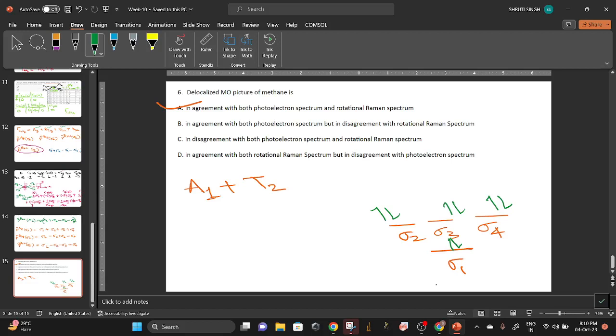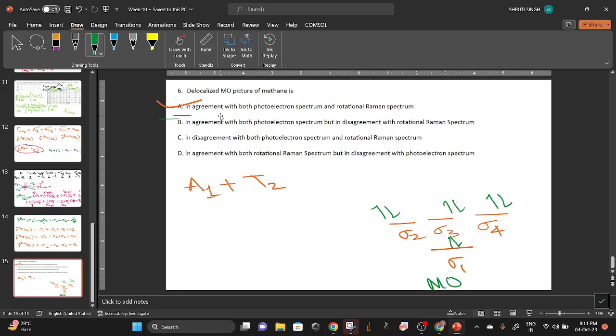These are molecular orbitals, meaning each is delocalized over all the four bonds. So sigma 1 has contribution from all the four bonds, sigma 2 also has contribution from all the four bonds, and so on. So all the four bonds are equivalent, bond lengths are equivalent. So the correct option is A here.